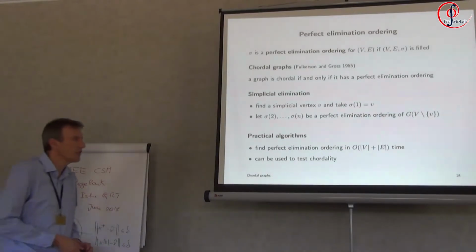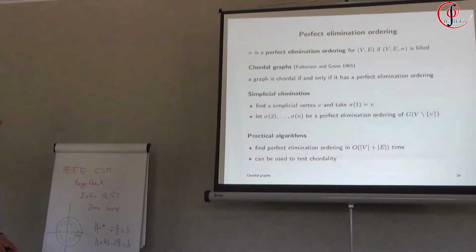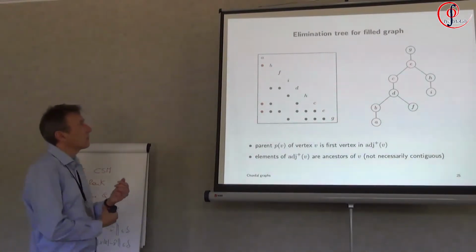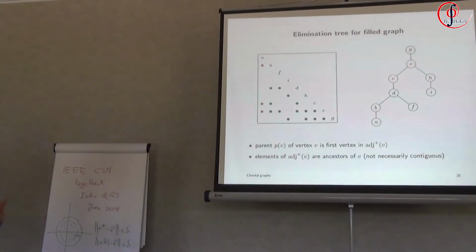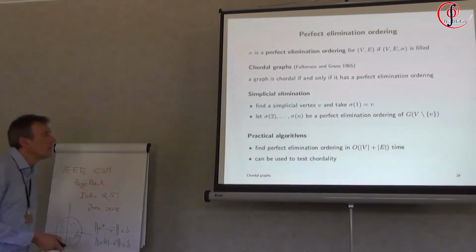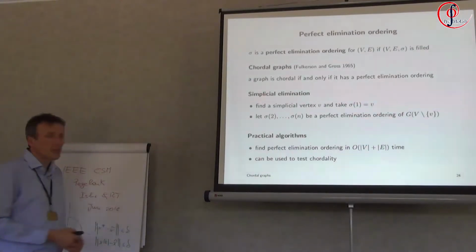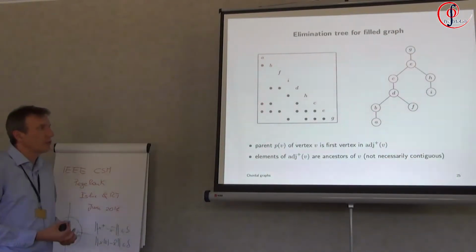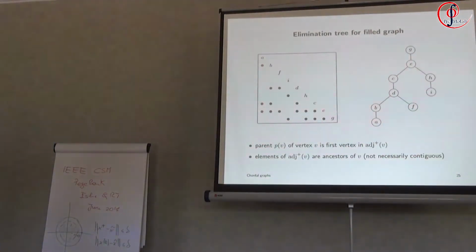So checking chordality is very simple. So then, algorithms for filled graphs and chordal graphs. Often in analyzing chordal graphs, the first step will be to find a perfect elimination ordering. And we'll use that, for example, to find the cliques in the graph and so on.